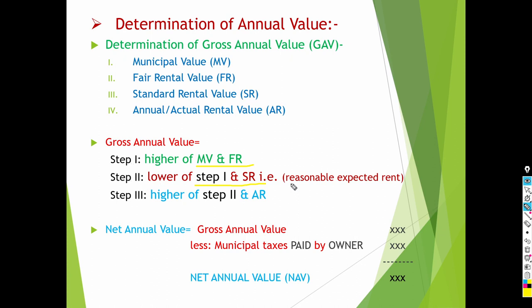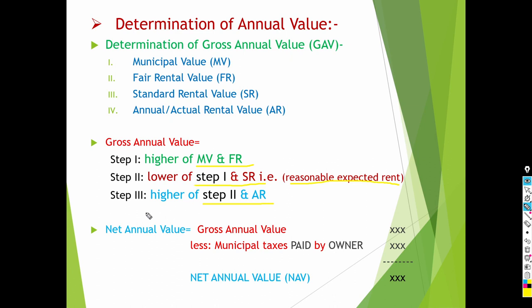It is also called reasonable expected rent. Now, in the third step, you have to compare the amount from the second step, that is reasonable expected rent, with the actual rent and take the higher amount. Whatever amount you get is the gross annual value.